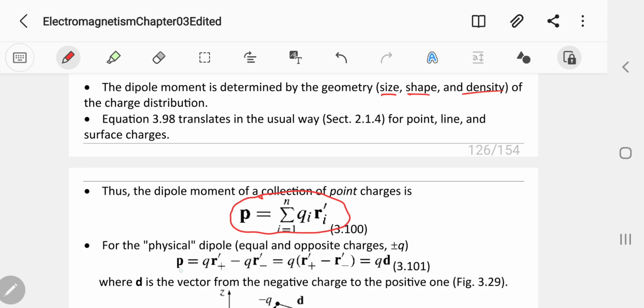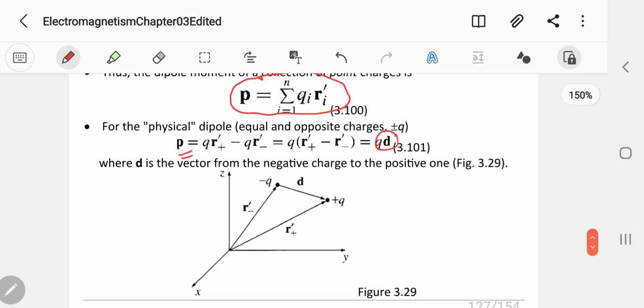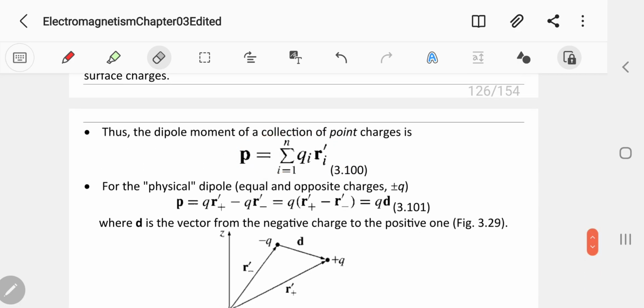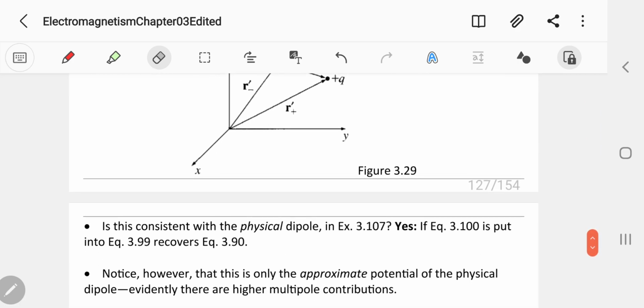And p is actually equal to, if you do this, q r prime plus minus q r prime minus, this would just be q d here in this figure. So that's it for that.